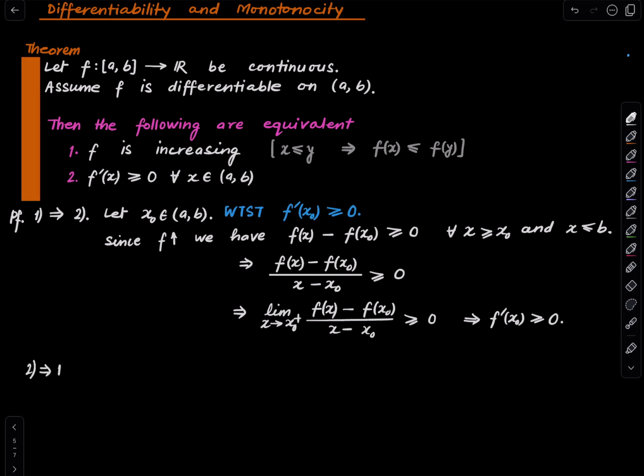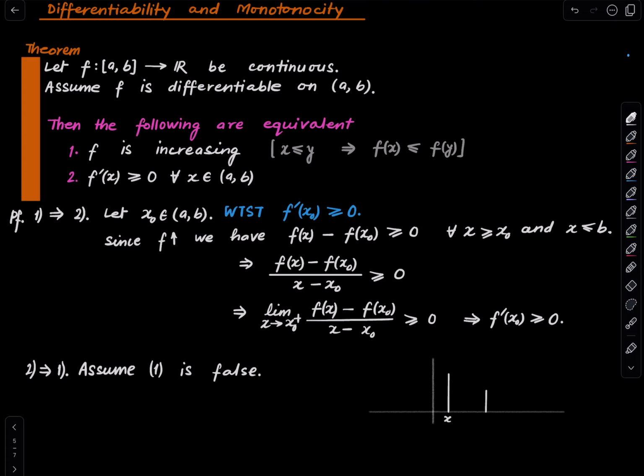What about the other part? 2 implies 1. So we are assuming 2 and we want to prove 1. So assume on the contrary that 1 is false. So let me draw a picture. If 1 is false, that means f is not increasing. If f is not increasing, then there are 2 points in the domain of the function where the relationship is reversed, meaning it'll look something like that.